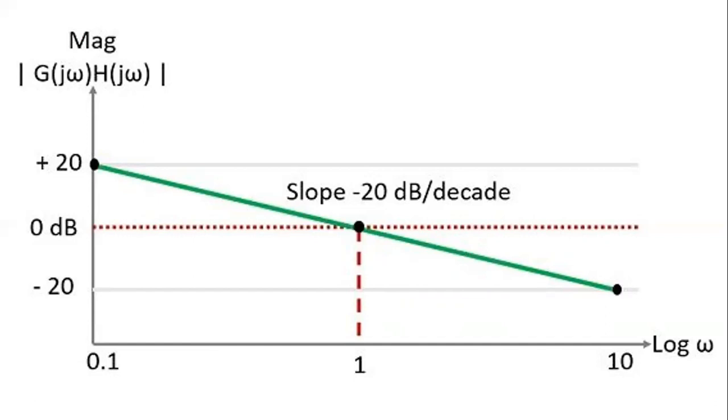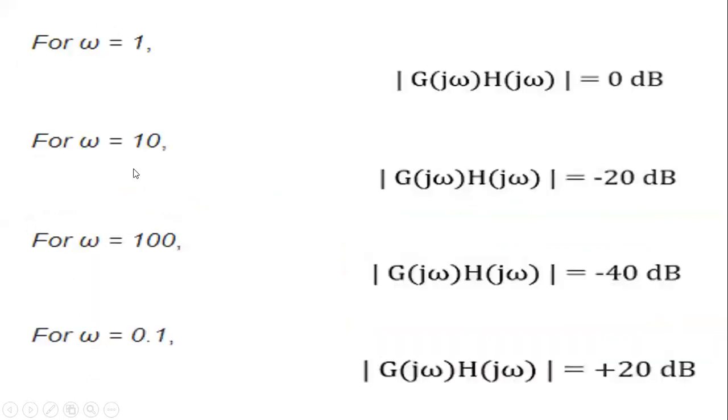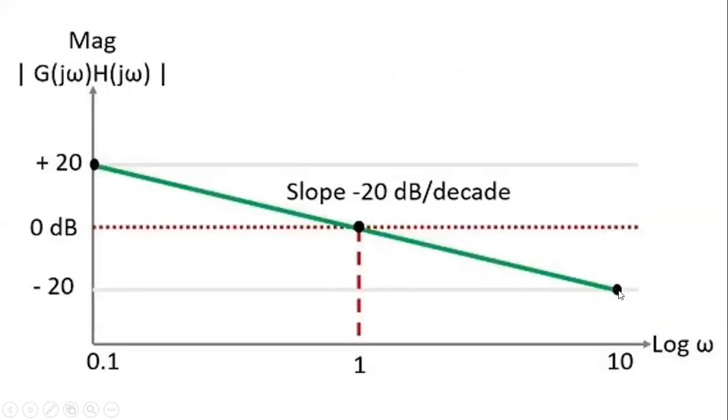Moreover, the magnitude is plus 20 decibels and minus 20 decibels at 0.1 and 10. So at 0.1, the magnitude is plus 20. At 100, the magnitude is minus 40. At 10, the magnitude is minus 20 decibels. So if you have minus 20 here and plus 20, if you join these two, we get a slope of minus 20 decibels per decade, which is cutting exactly at omega is equal to 1.